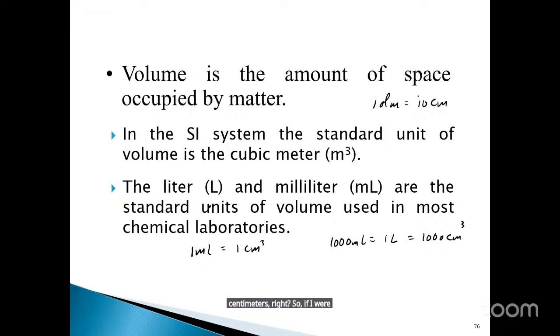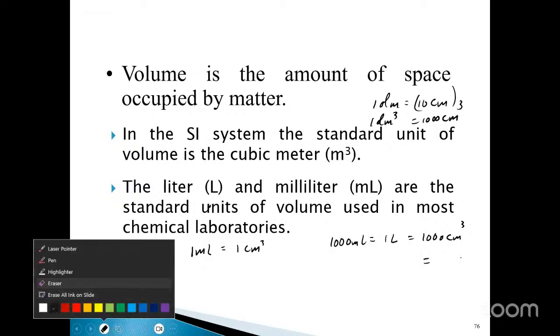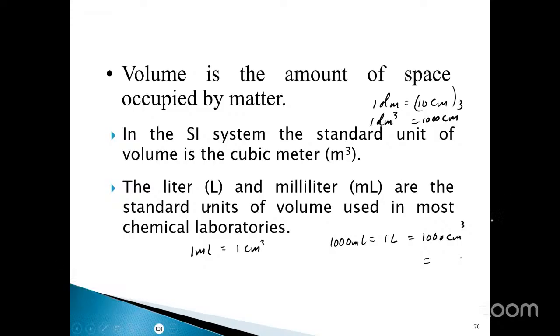So if I were to cube this, that would give you 1,000 centimeters cubed, which would be equal to 1 decimeter cube. One decimeter cube. All right?